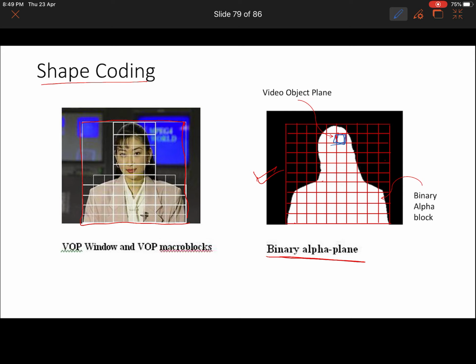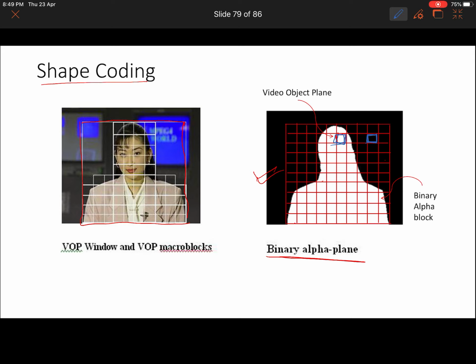So we have these blocks which completely belong to the object, and also we have certain blocks which belong only to the background.